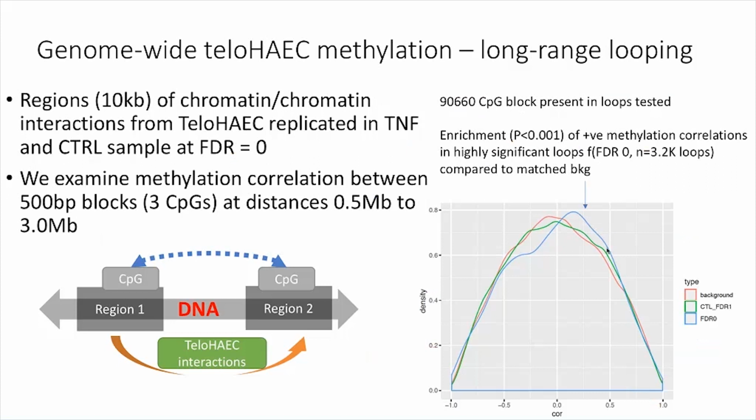So we need more variation within the sample or between samples to verify that the Hi-C and methylation variation is concordant.